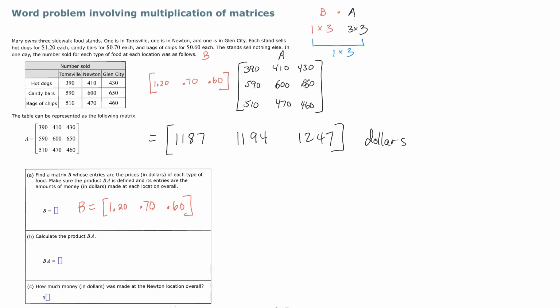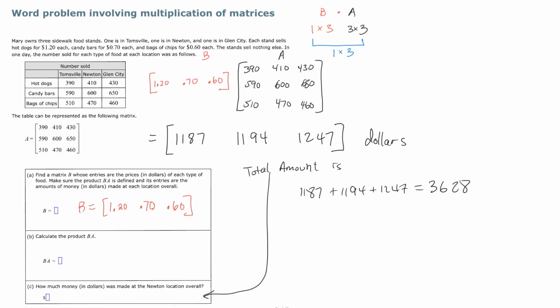So how do we compute the total amount of money? We simply add up all 3 of these numbers. The total amount is 1187 plus 1194 plus 1247. I guess I could write it sideways. And of course, you could put that in the calculator. Let's see what that is. That amount is 3628.